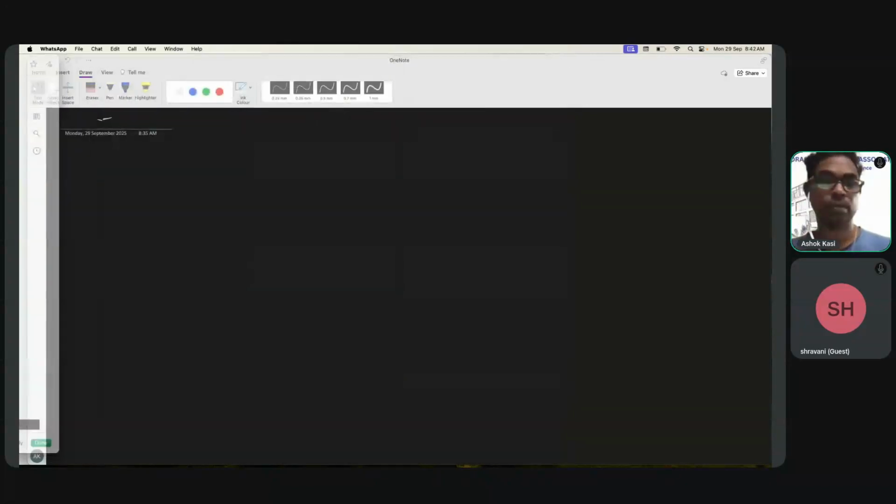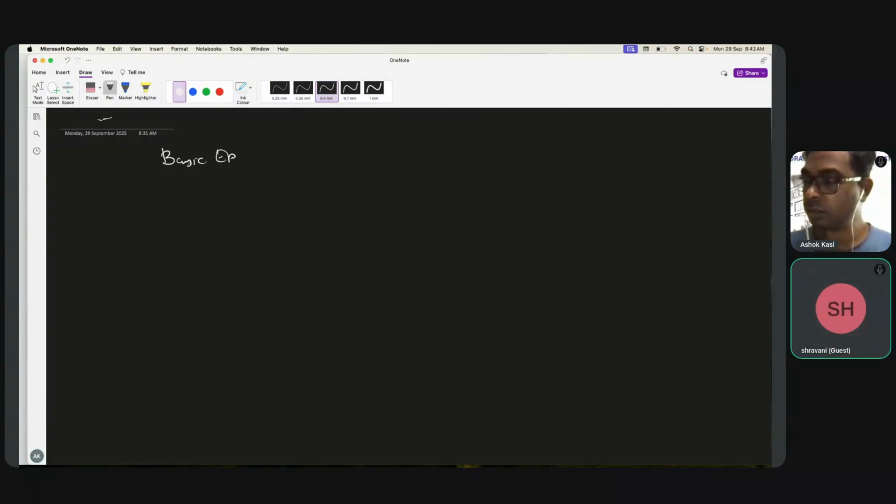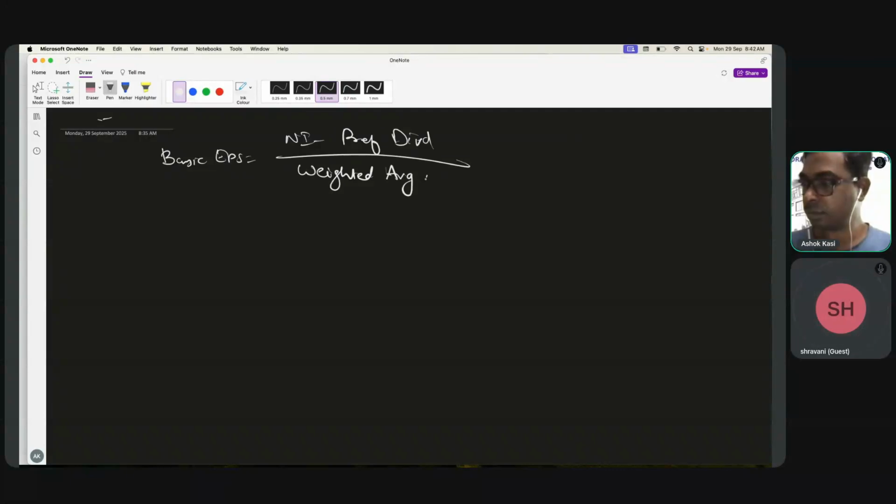Okay. So basic EPS, what is the formula? Net income minus preferred dividends upon weighted average of outstanding shares. So now, net income is how much?